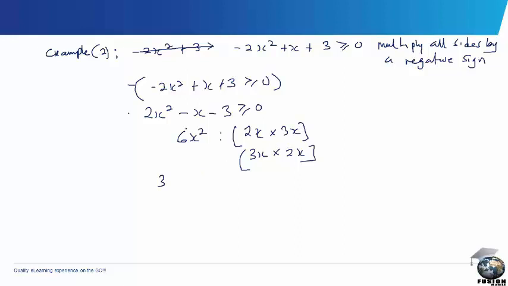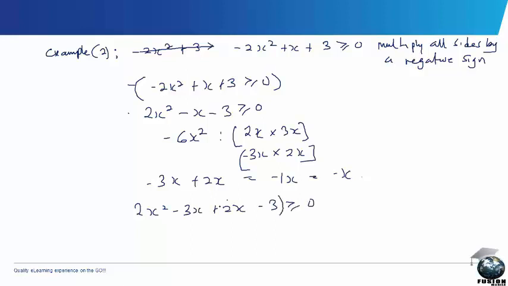So we have minus 6x, and then minus 3x plus 2x will give minus x. So we can replace it as 2x squared minus 3x plus 2x minus 3 greater than or equal to 0, and then we bracket these two.